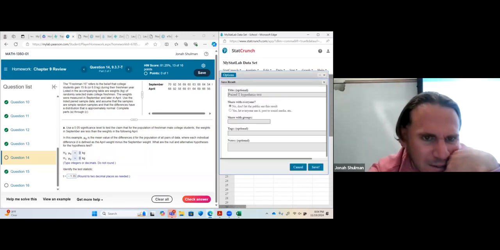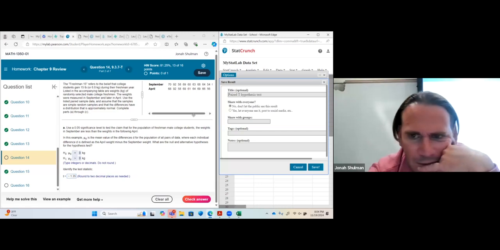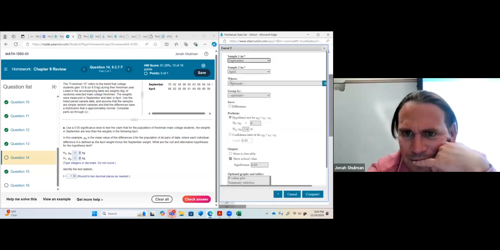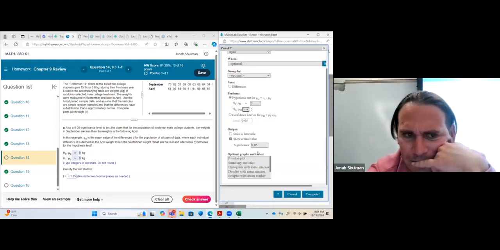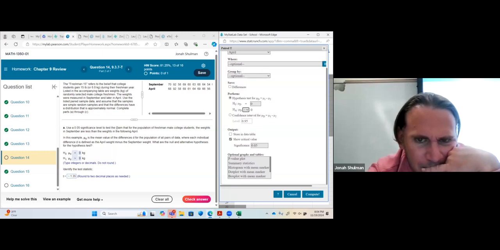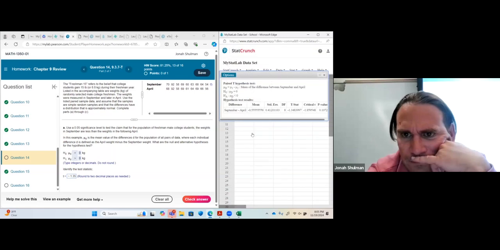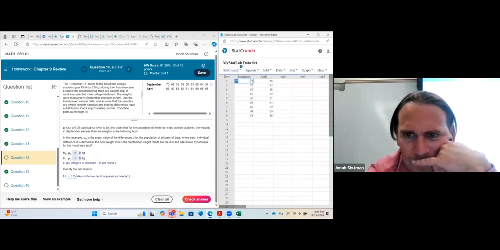Saying it's paired data. Paired data. Options, edit. September, April. 0.05 level. I didn't touch it.